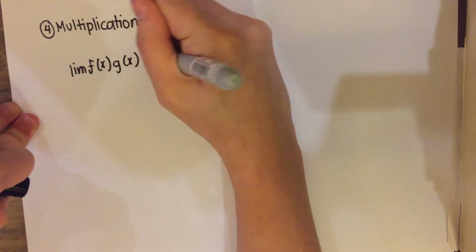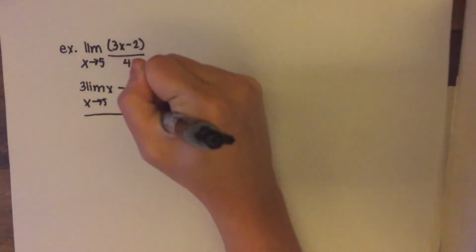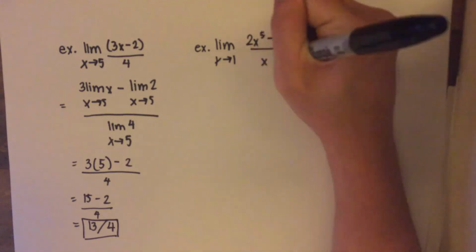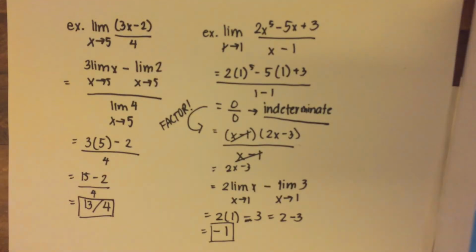Our next limit law is the multiplication and division law. And here, things get quite complicated. This is because we have to make use of the first 3 limit laws. Here's an example. The limit of 3x minus 2 over 4 as x approaches 5. Here we have to separate 3x minus 2.